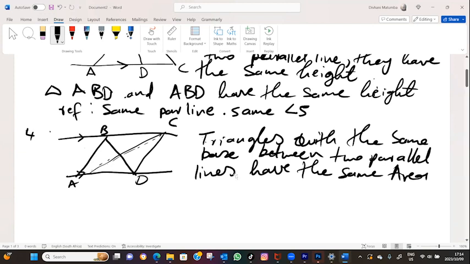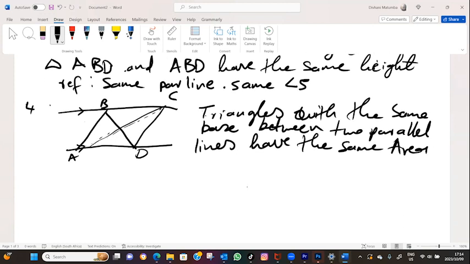That should be true because area is given by half base times height. So if the base is the same and they lie between two parallel lines, it means the height is the same.